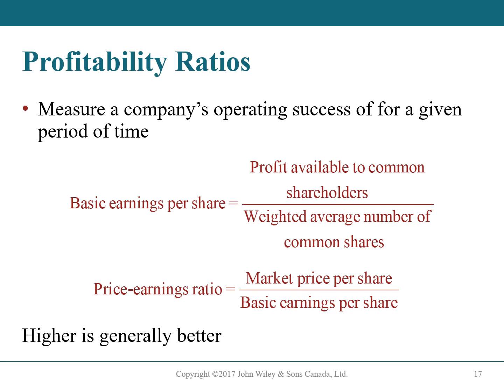The price earnings ratio is a frequently quoted statistic that measures the ratio of the stock market price of each common share to its earnings per share. It is calculated by dividing the market price per share by basic earnings per share.